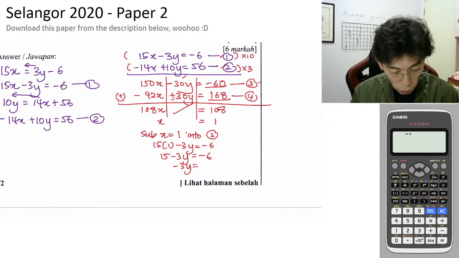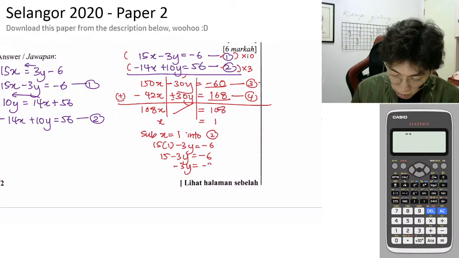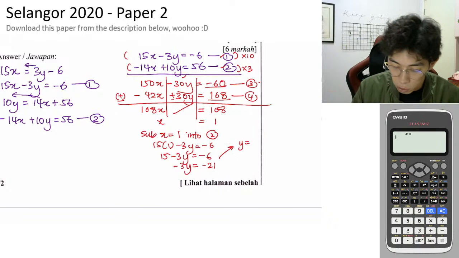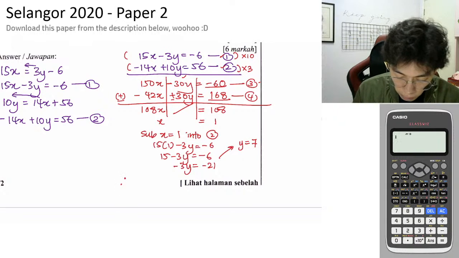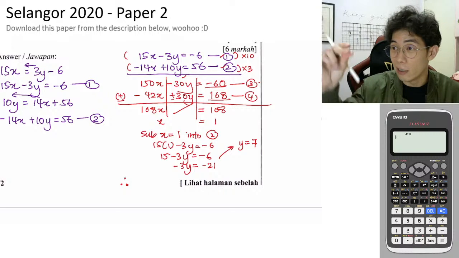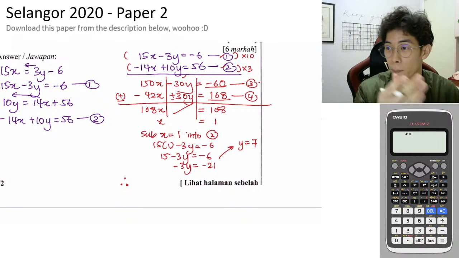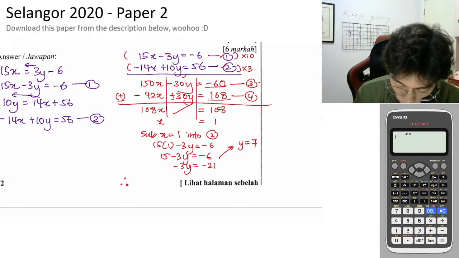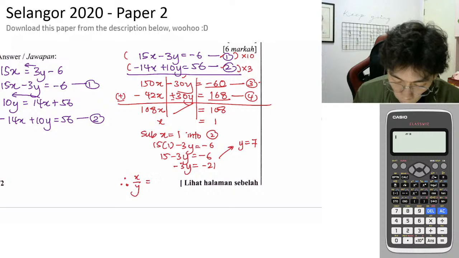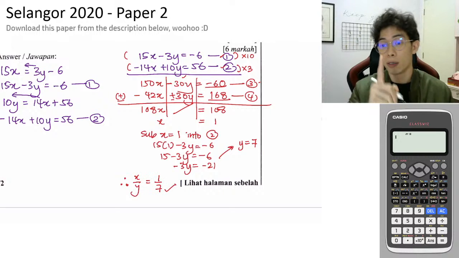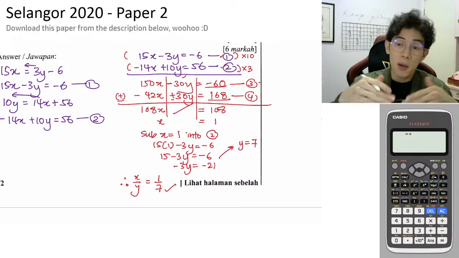So this will be minus 21. So y equals minus 21 divided by minus 3. The answer is 7. Therefore, see this, pro people put 3 dots on. Therefore, x over y equals 1 over 7. That's the one.